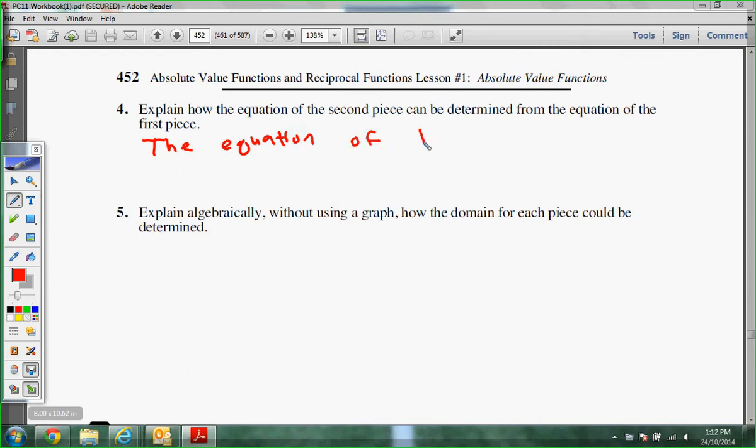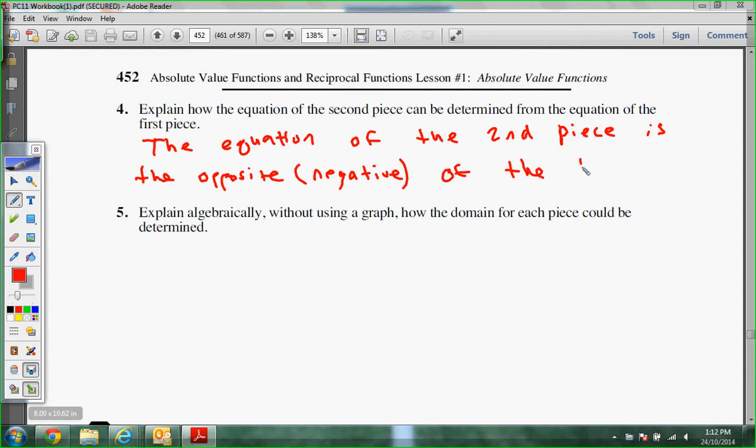Equation of the second piece: opposite, or you can think of negative of the first piece. Okay, so the second piece can be determined by being the opposite of the first piece, or the negative.